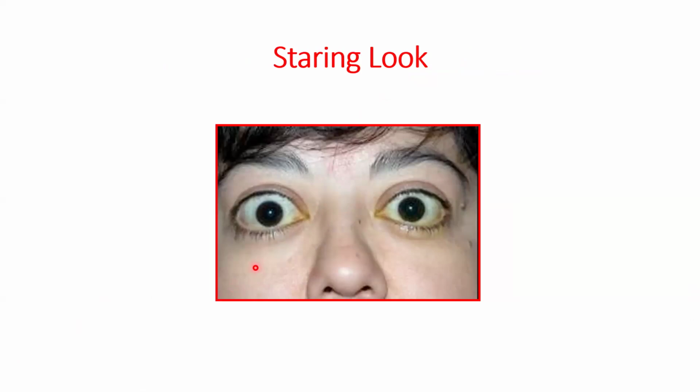In that case, it will cause a staring look. The patient appears as if she's frightened. She's staring. There is a rim of sclera above the upper limbus of the cornea between it and the upper eyelid. But the lower eyelid is still flush with the inferior limbus of the cornea, right?